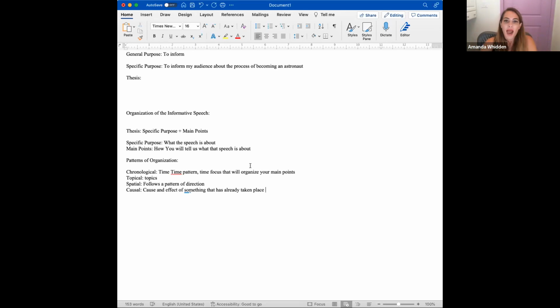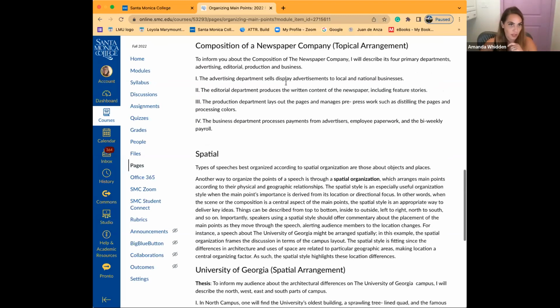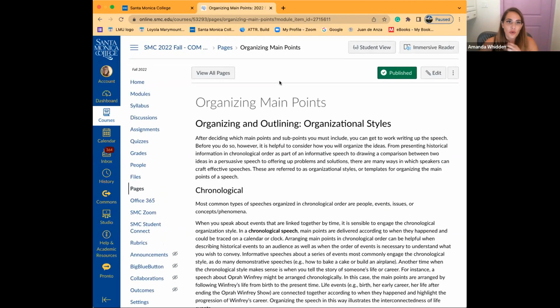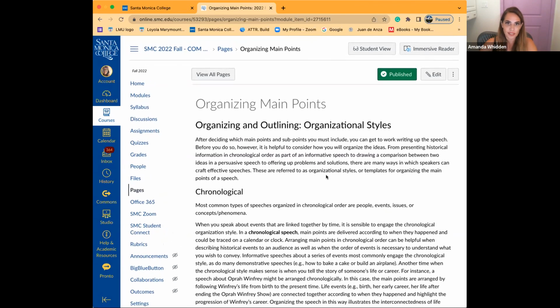I'm going to go through each of these with you on our Canvas page to show you really quickly how it is laid out here, and you can always go back and take a look as well. So under your module, you'll have something called organizing your main points and organizing main styles. And there are preferred styles or templates for organizing the main points of the speech.